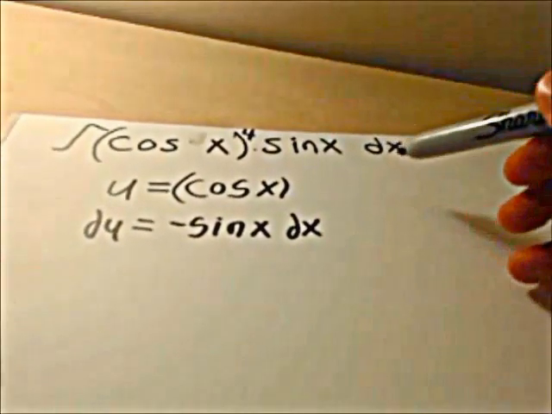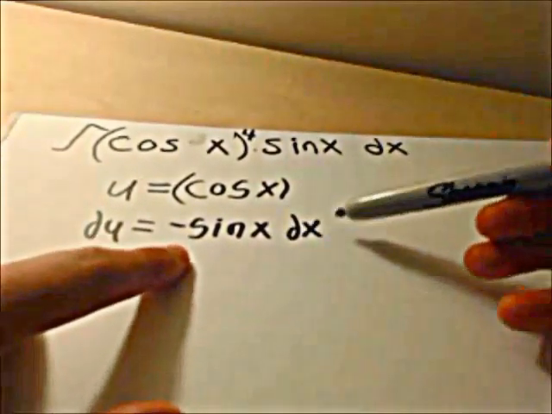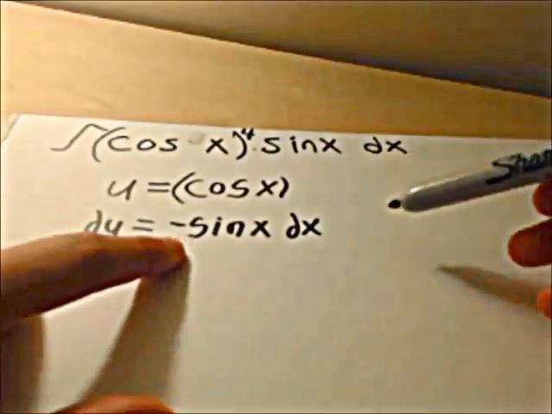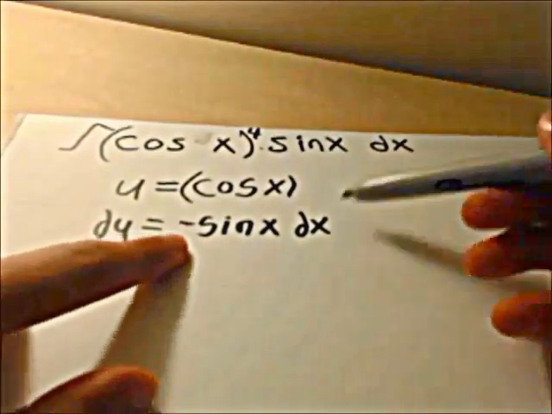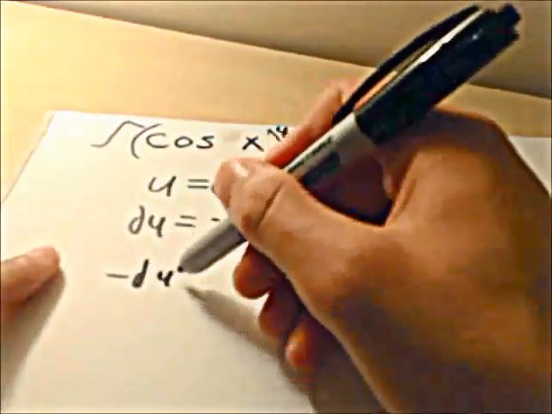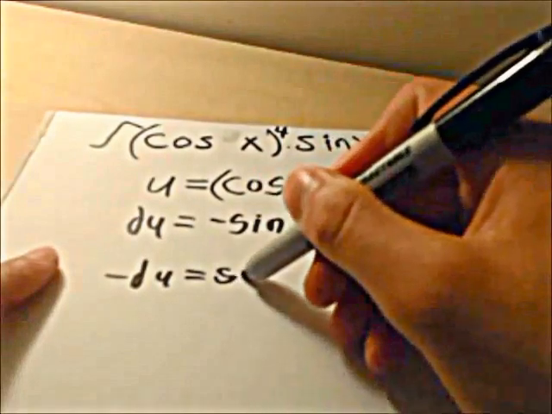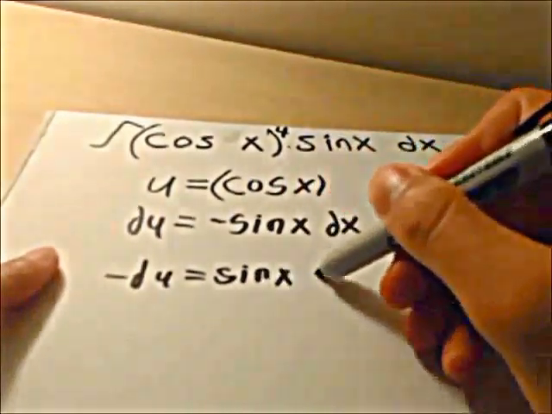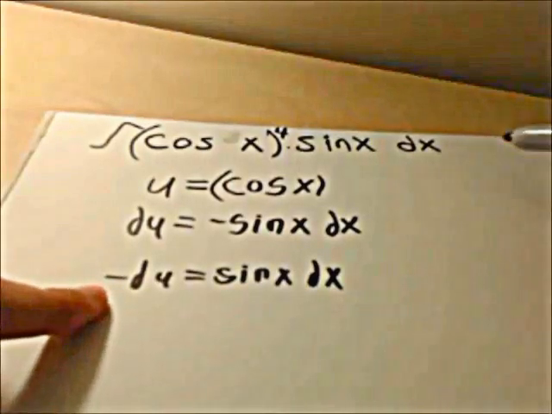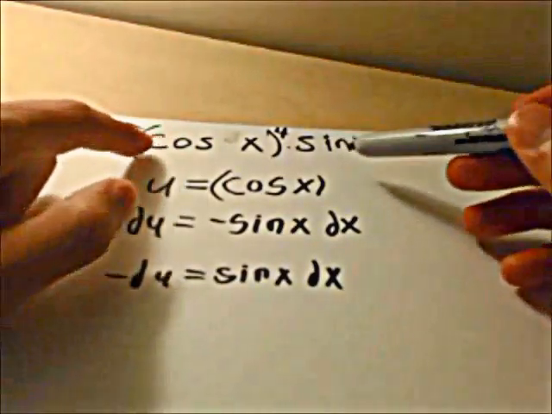And notice again we've got minus sine x dx, and we've got sine x dx in the original one. It's actually the same except for the minus, so we can move the minus to the other side. So it's going to be minus du equals sine x dx. Now we can substitute minus du for sine x dx and write the whole thing again.